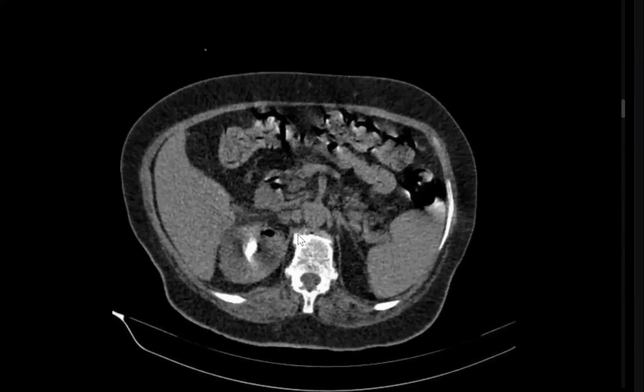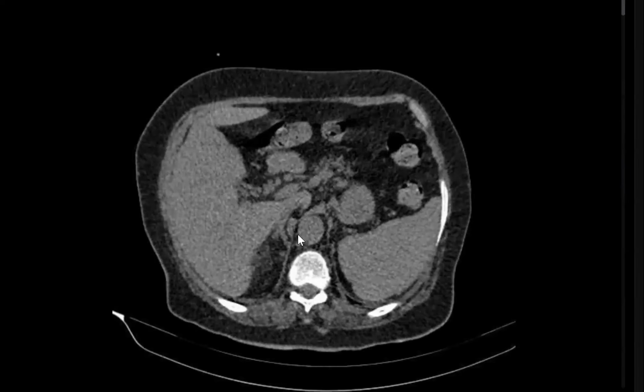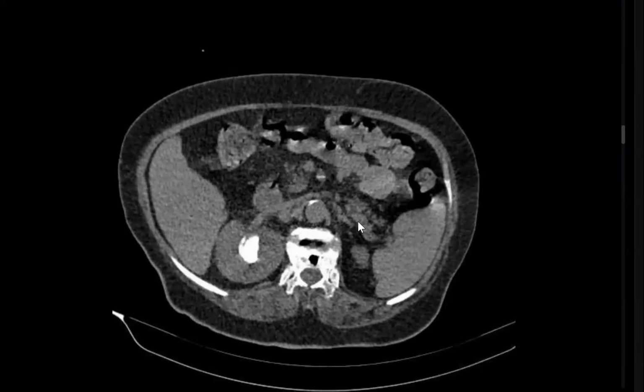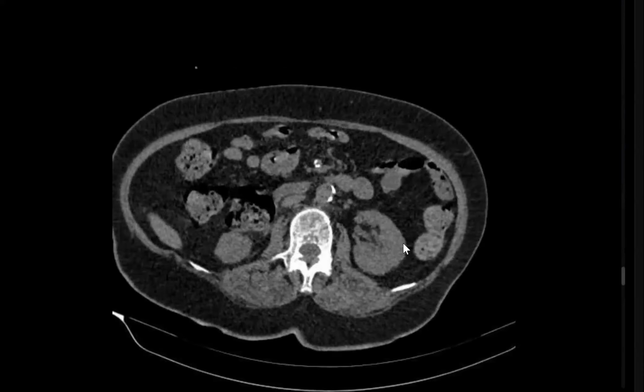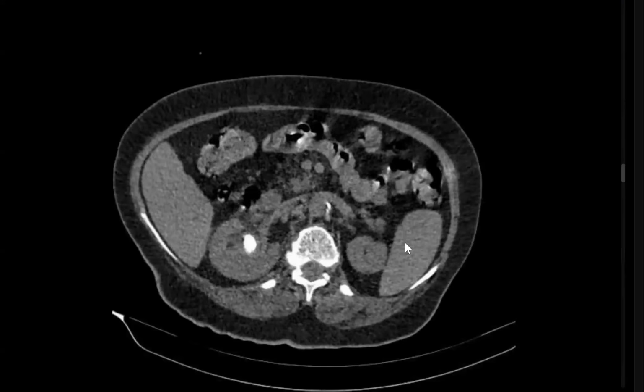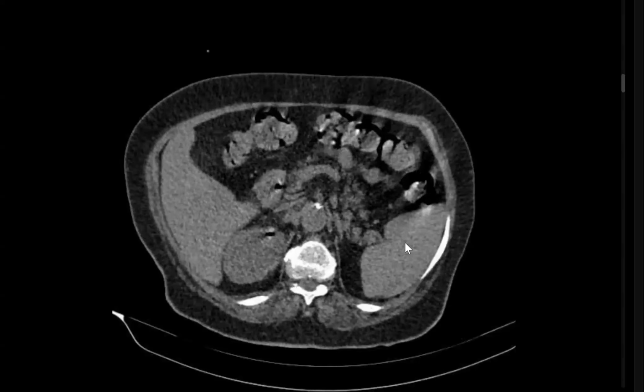In my routine practice, I will check if there is any associated free air in the retroperitoneum, in lung window. Actually, the patient has some renal impairment. For this reason, we couldn't give a contrast study.